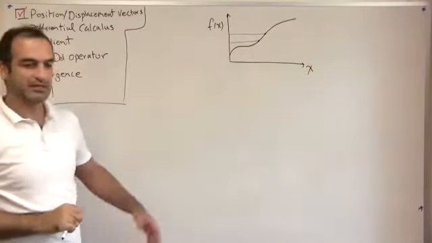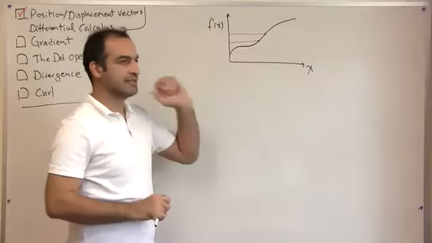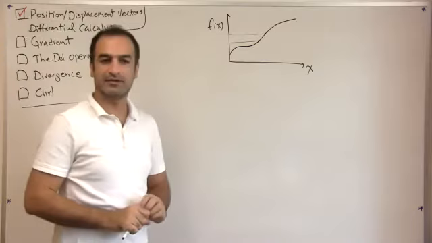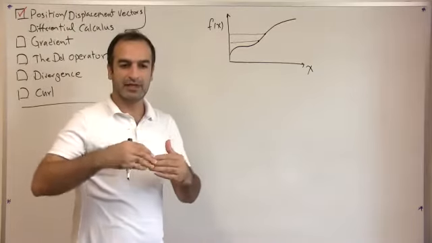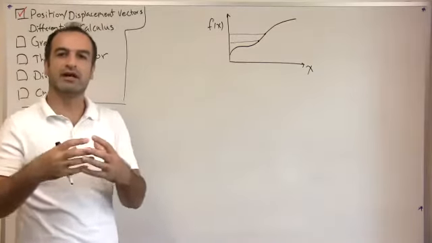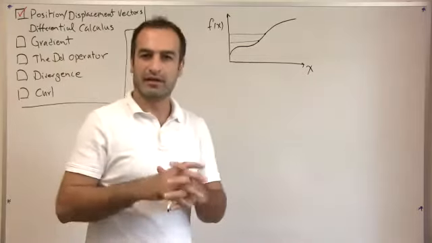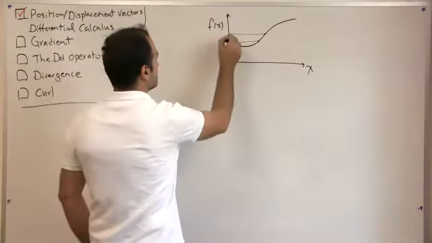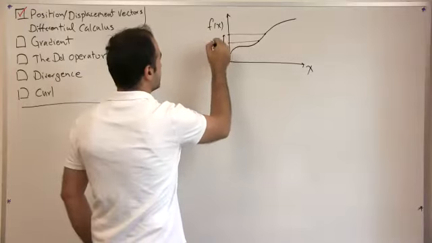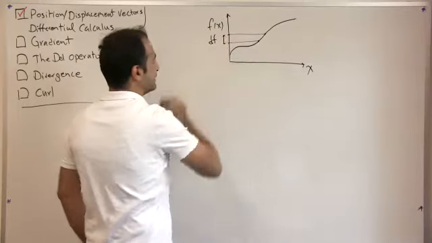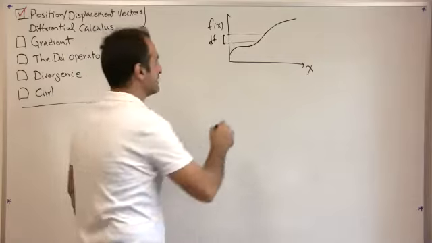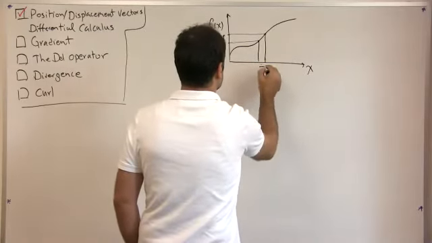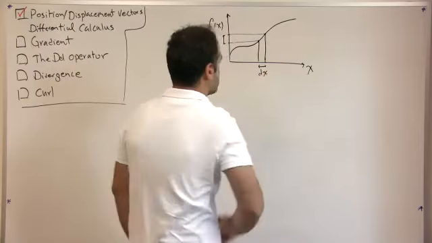Imagine this is a function that shows a speed, or let's say position, as a function of x. Then you want to change x a little bit, and you want to see how much the function is changing. This infinitesimal difference in f, we show with df, and a corresponding change on the x-axis, that is dx, right?